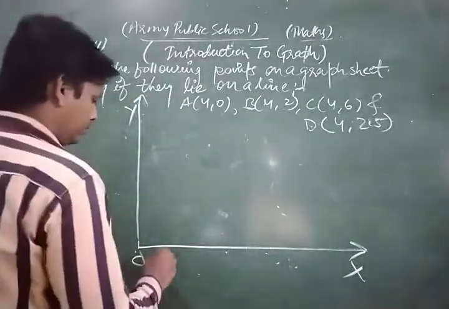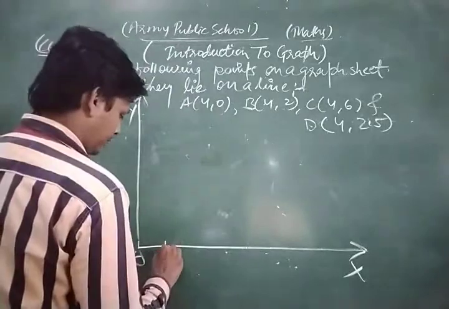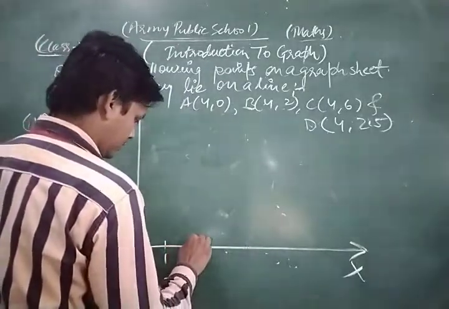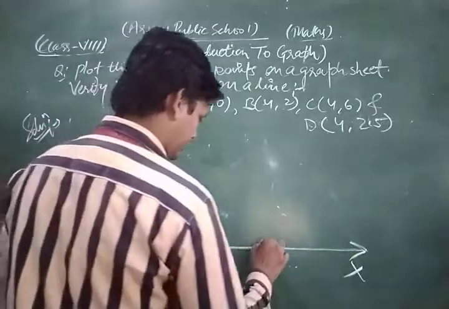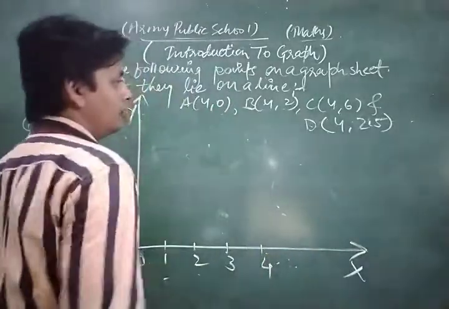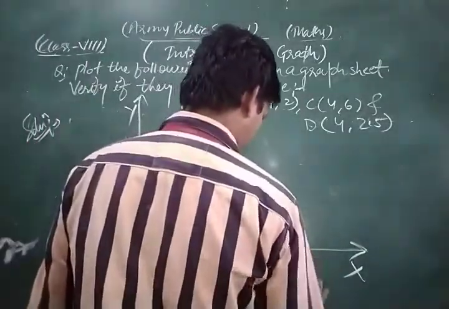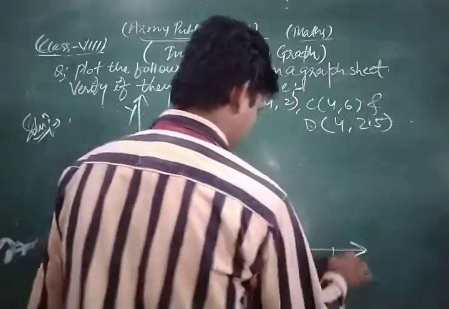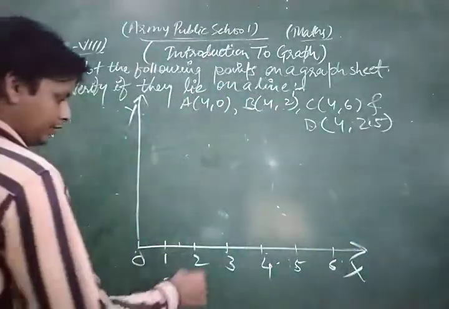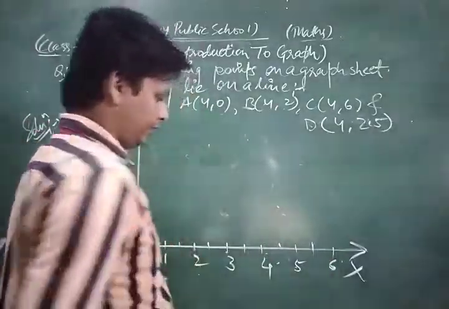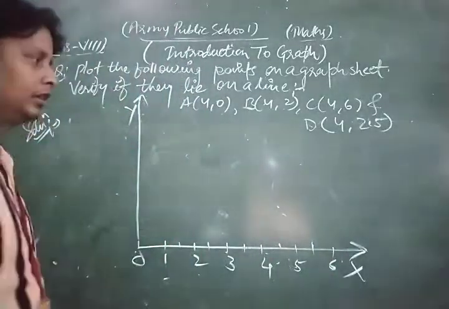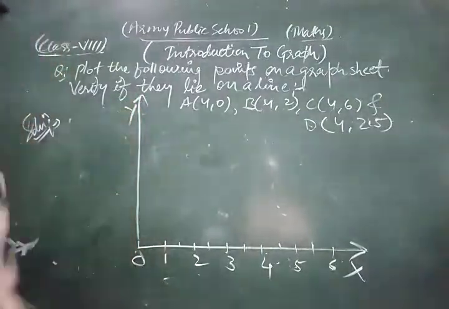Now we take 1, 2, 3, 4, 5 and 6. This is 1.5, this is 2.5, this is 3.5, this is 4.5, this is 5.5. Now clear? And this is the positive direction of y.